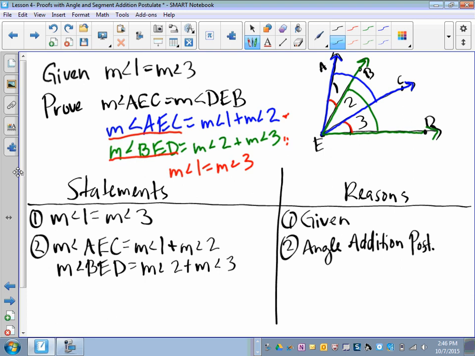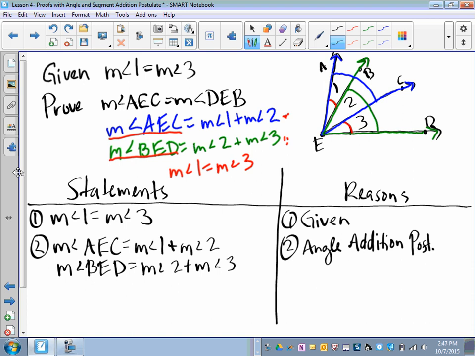So again, all we've done is simply taken a look at the information they've given us, looked at the diagram, and brainstormed through our thought process. We know 2 of the angles of the 3 to be congruent, and so we want to show that 1 and 2 paired up together is going to be congruent to 2 and 3. The measures will be the same.